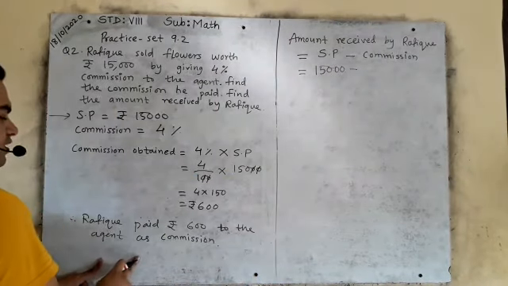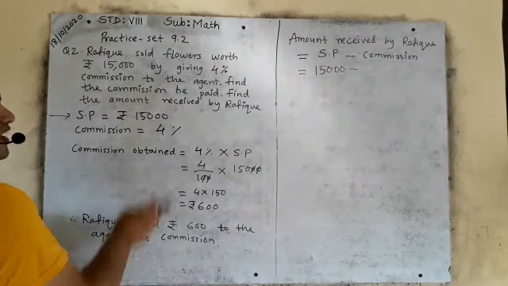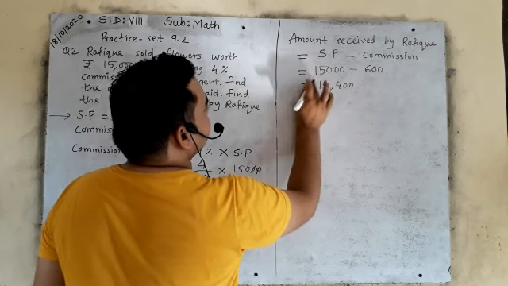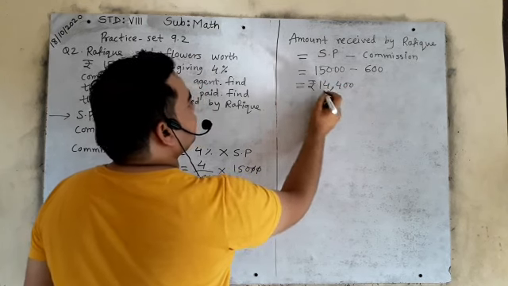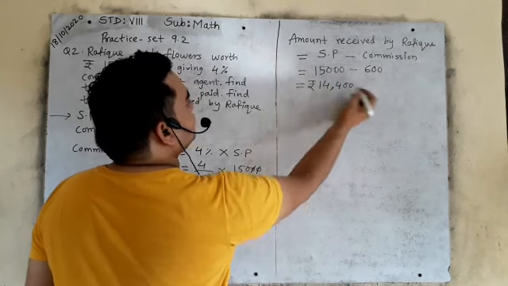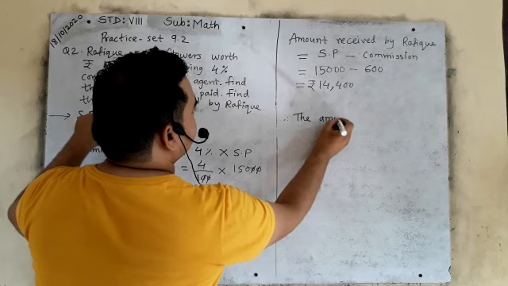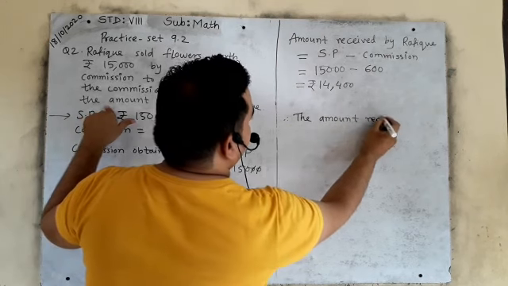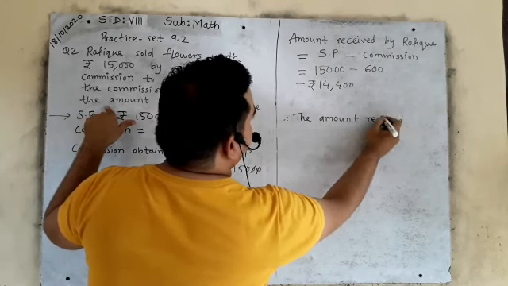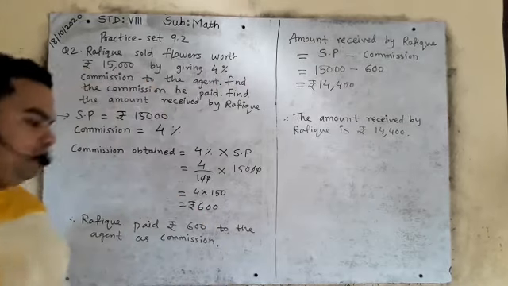Commission, how much did he give to the agent? 600. So how much will he receive? 14,400 rupees. Amount received by Rafiq will be 14,400. You will write at the last: the amount received by Rafiq is rupees 14,400. I hope you understood this question.